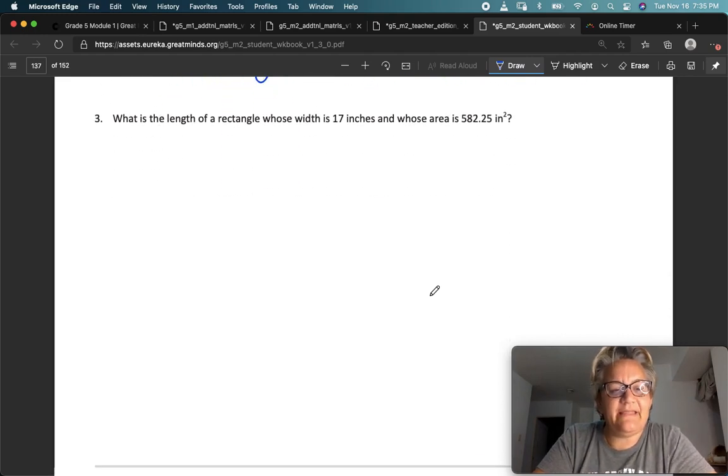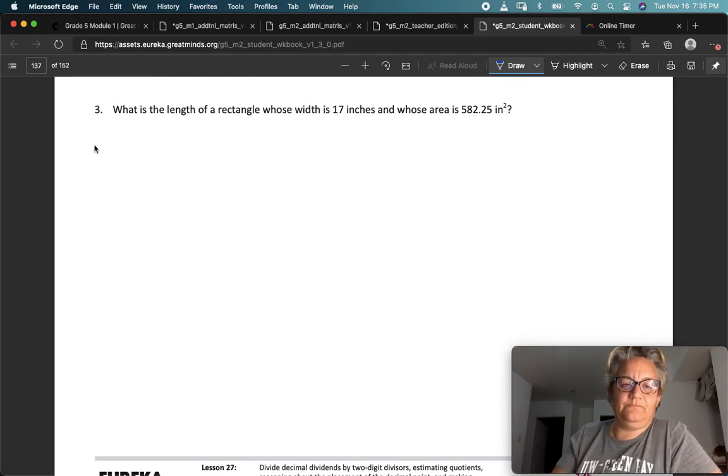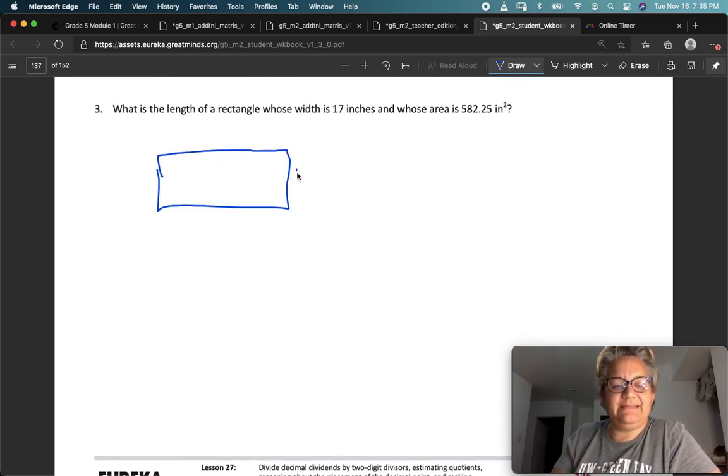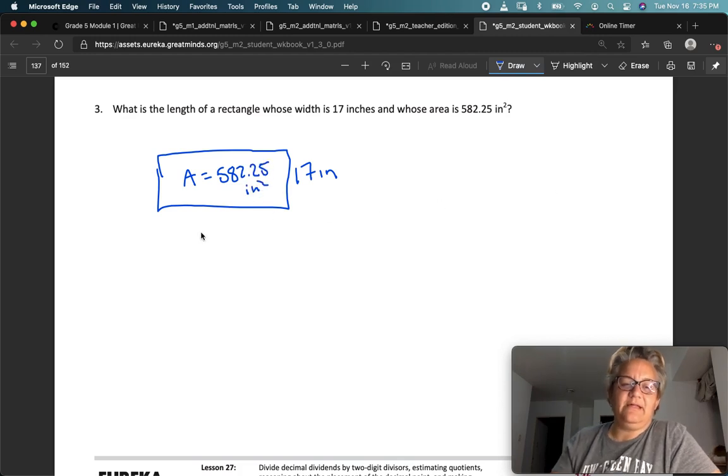What is the length of a rectangle whose width is 17 inches and whose area is 582 and 25 hundredths inches squared? Okay, so we want to find out what is the length.